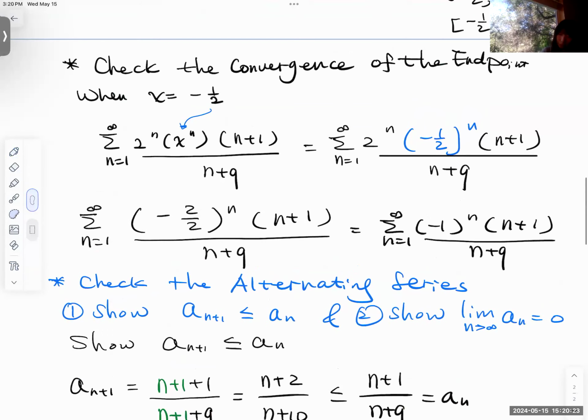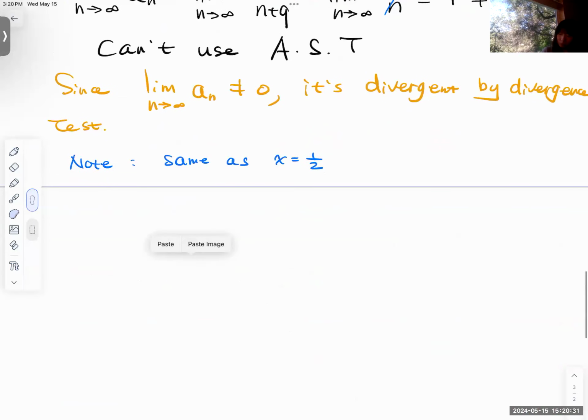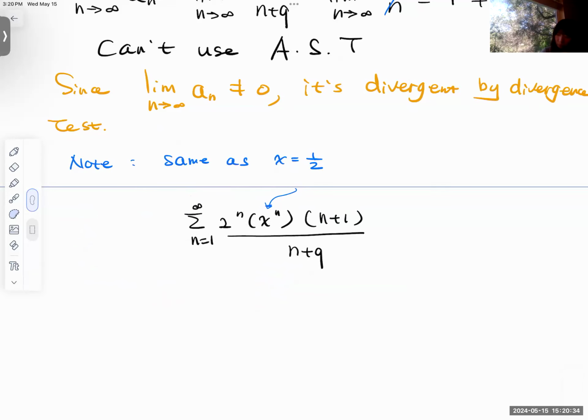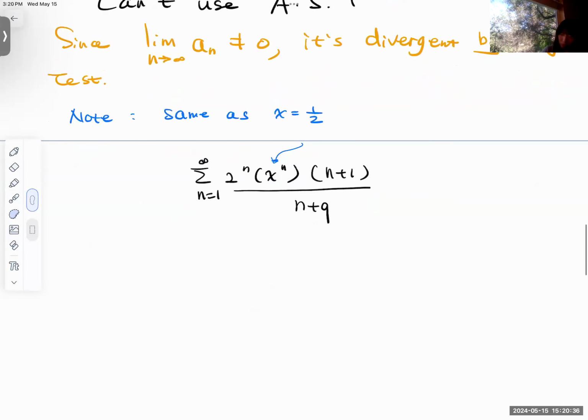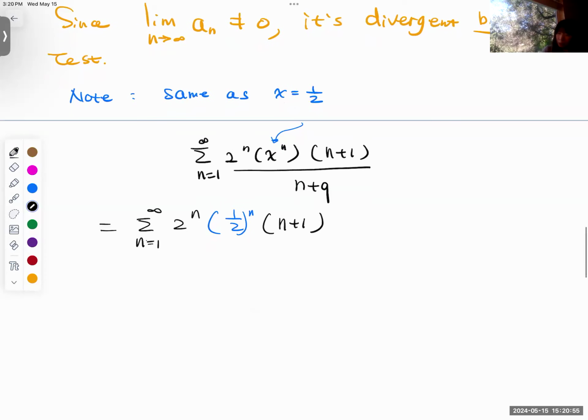So we have the summation n equal to 1 to positive infinity of 2 to the n, times 1/2 to the n power, times n plus 1 over n plus 9.